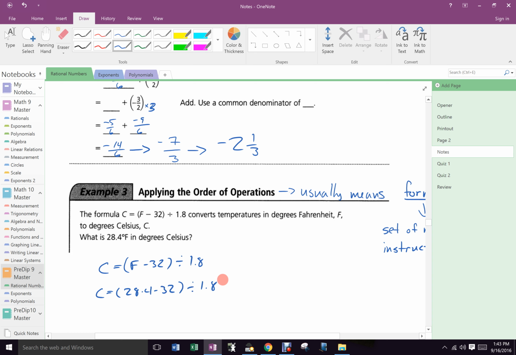Now, please, everyone, attempt to punch that into your calculator however you see fit. Okay? Everybody try it. I know your calculator is pretty high tech.